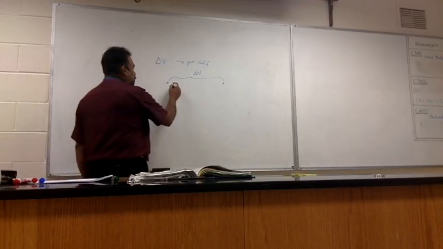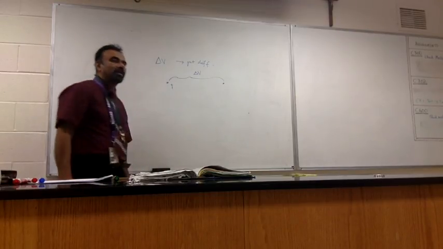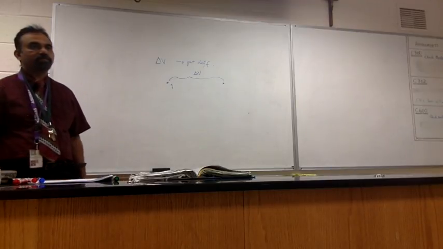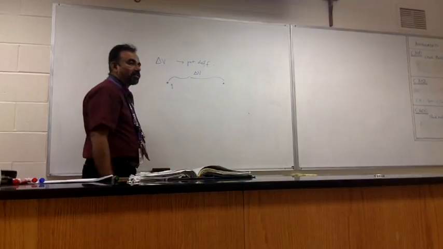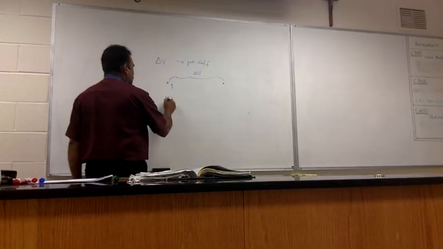Suppose you are transporting Q coulombs across, how much work will be required? If it is 1 coulomb, you need delta V. If it is Q coulombs, that will be the amount of energy required.